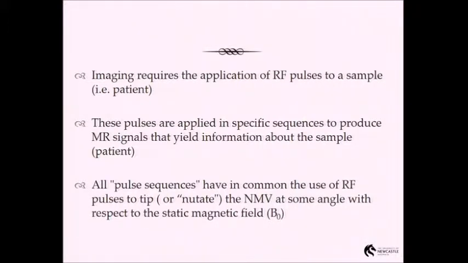But one thing that all pulse sequences have in common is the use of RF for that excitation, and that RF, or that tipping of the nuclear magnetic vector, is all about getting it to not align with the main magnetic field. We need to get it away from that alignment, we need to energise it, and then record the energy that it gives off.